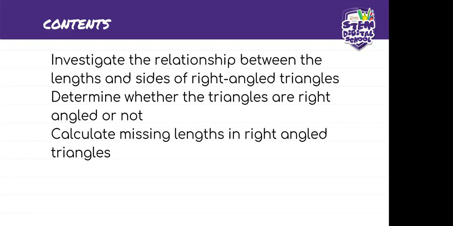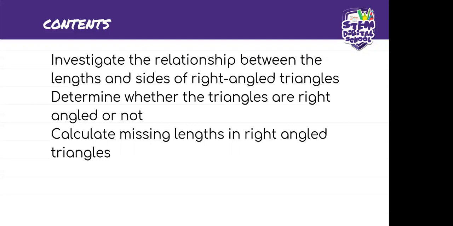This should be done by the end of this lesson. We must also be able to determine whether triangles are right-angled or not. And lastly, we should be in a position to calculate the missing lengths in right-angled triangles.